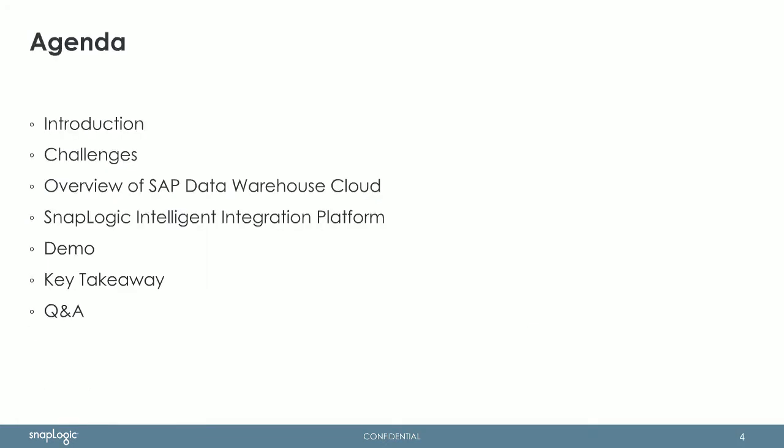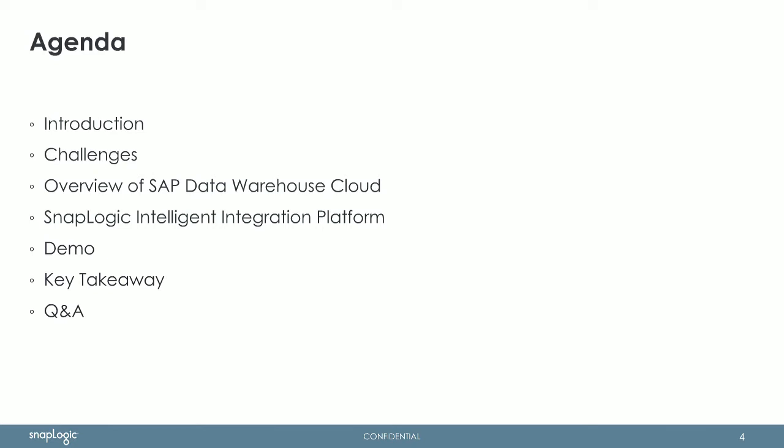Now, the agenda for today, first I'm going to talk about the challenges that many of you are experiencing with respect to your data warehouse solution. Then Oliver will provide an overview of SAP Data Warehouse Cloud and how it can solve many of the problems that you are having. Then I will talk about SnapLogic Intelligent Integration Platform and how it can solve challenges around getting data not just from SAP but also from a variety of third-party sources into your SAP Data Warehouse Cloud.